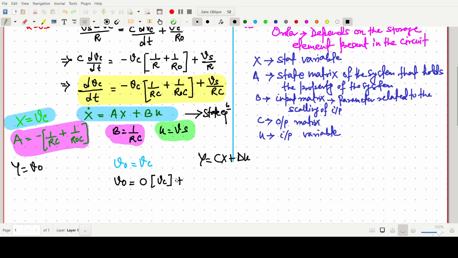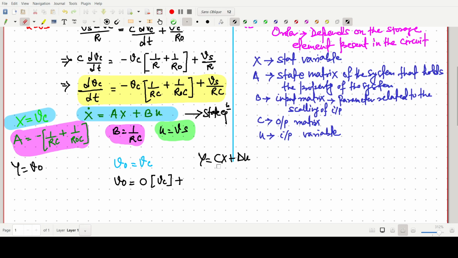What is D? Only Vc is there. V naught equals Vc. So first C into x.